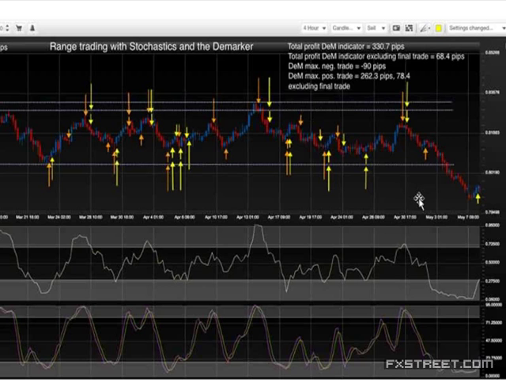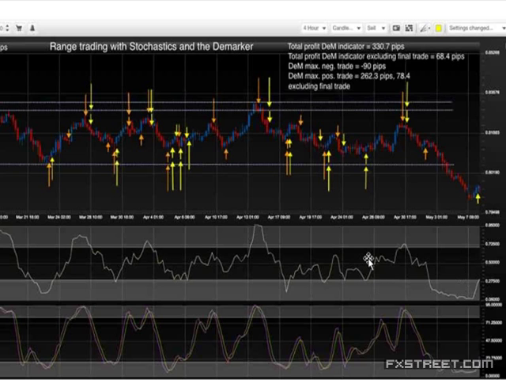The indicator held that last trade open a lot longer than the stochastics, and that's due to its lower sensitivity to the small retracements. So you can see a small retracement here. We got a crossing here where percent K crossed percent D, so that meant the stochastics trade was squared up from short, whereas the Demarco didn't call for a covering position until quite a bit later.